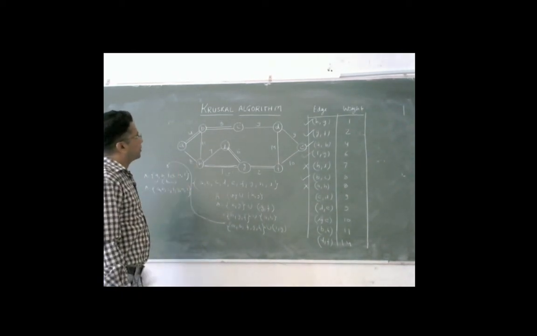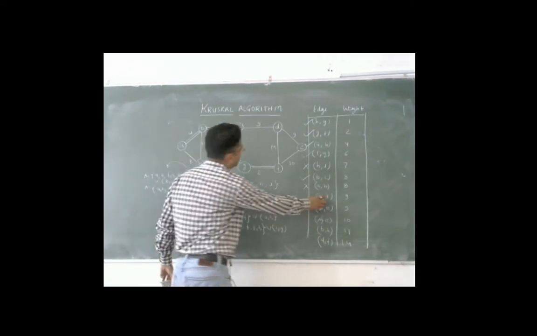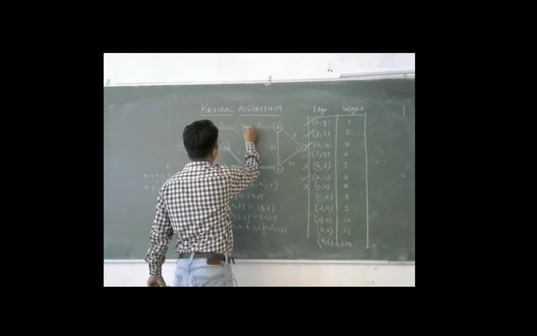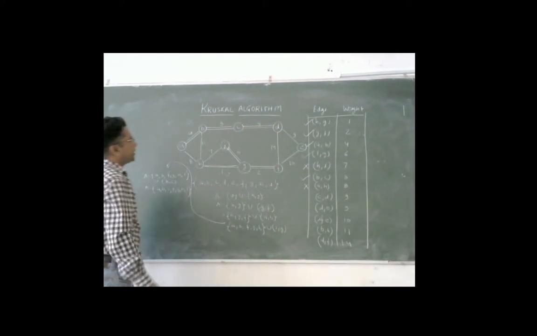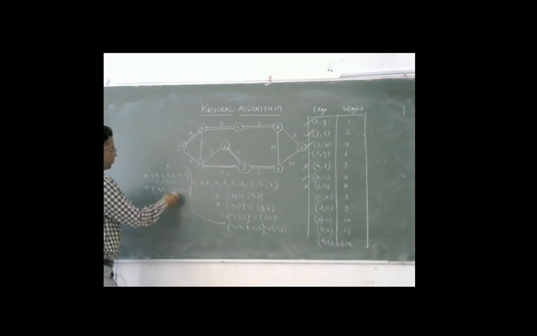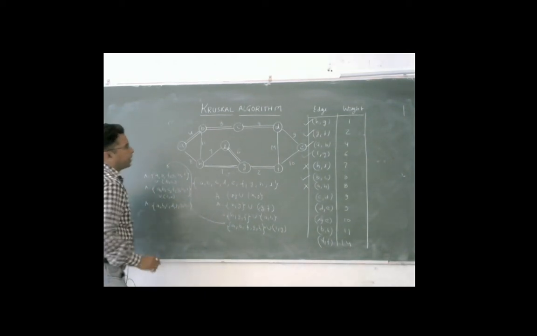So after this, we shall take CD. We shall add CD. By adding CD, we shall get a union with C, D. So A will become A, B, C, D, F, G, H, I. Right?